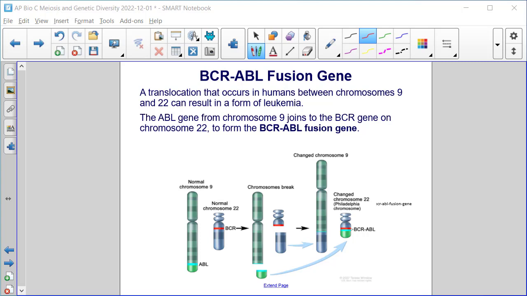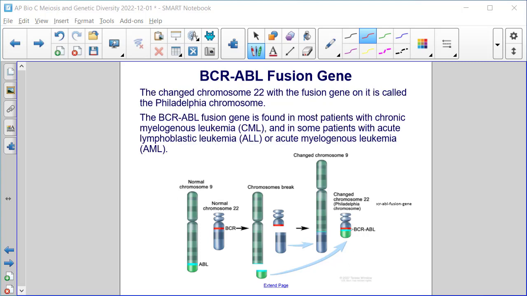The ABL gene from chromosome 9 here joins to the BCR gene on chromosome 22, which you see here in red, to form the BCR-ABL fusion gene, which you see here. The resulting changed chromosome 22 with this BCR-ABL fusion gene on it is called the Philadelphia chromosome.